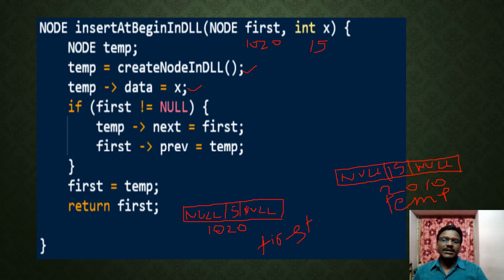First is representing 1020, so 1020 is stored in temp next. Then first previous equal to temp. At present this is the first. First previous is representing the present location; in this location store the temp value.